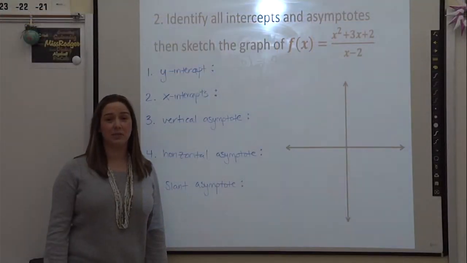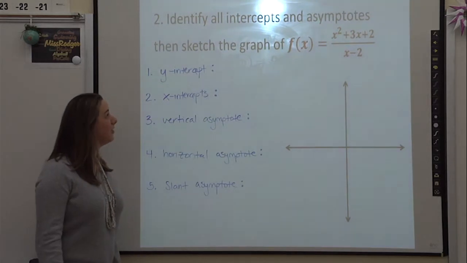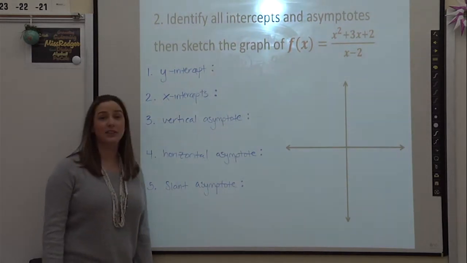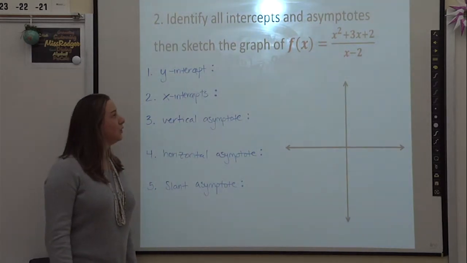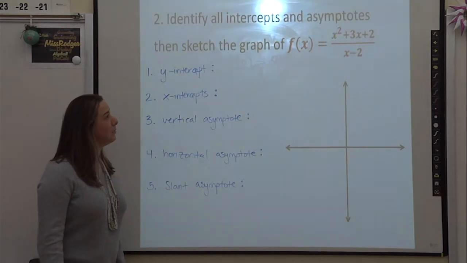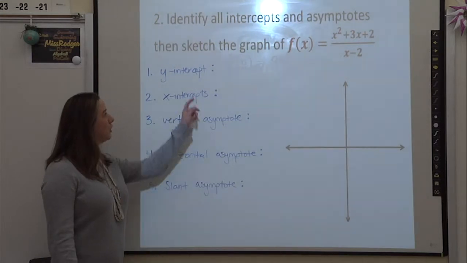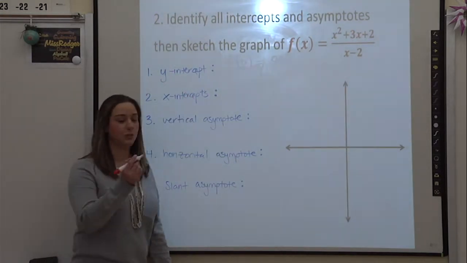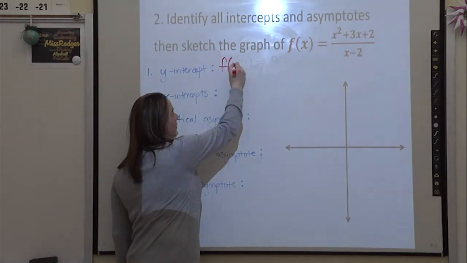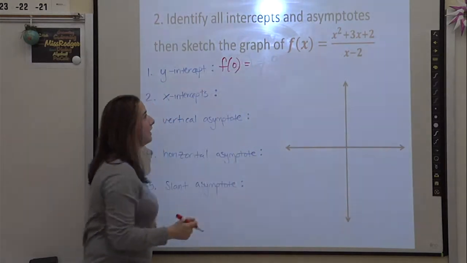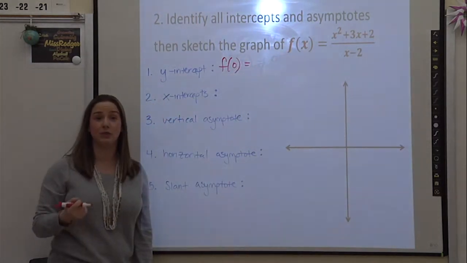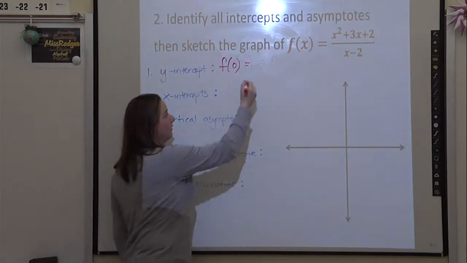Let's take a look at another problem in which we find all the intercepts and asymptotes and then sketch the graph. f of x equals x squared plus 3x plus 2 all over x minus 2. Our y-intercept, remember, is when we find f of 0. We substitute 0 in for all of our x values.